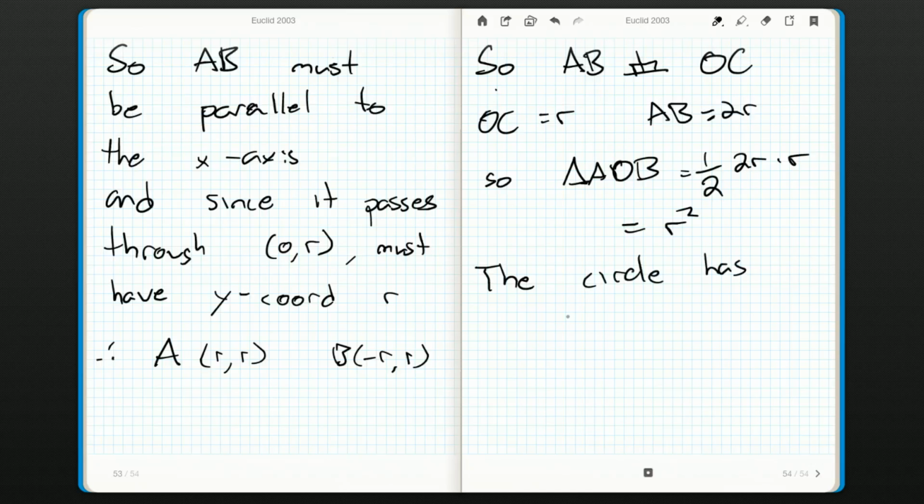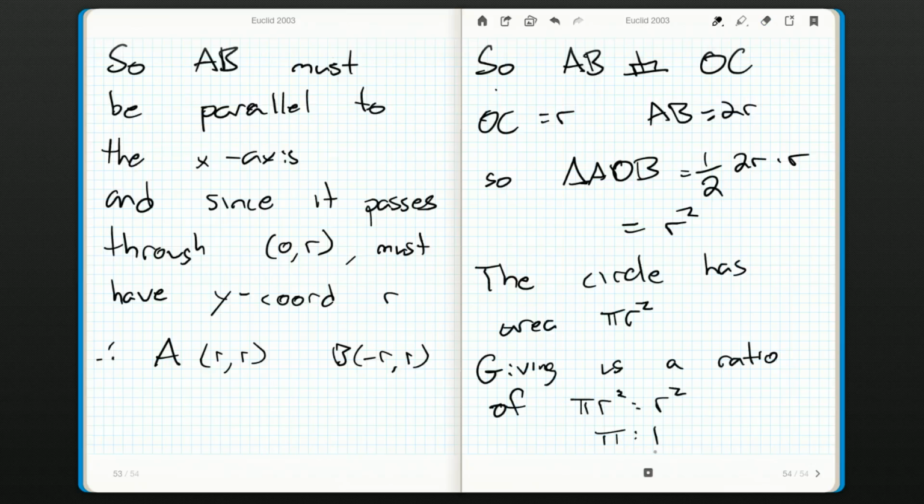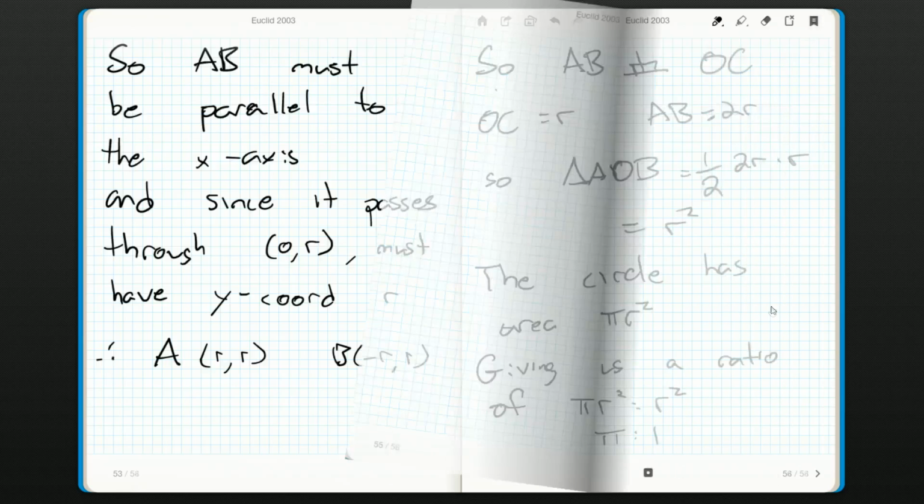And the circle has area pi R squared, giving us a ratio of pi R squared to R squared, which is just pi to 1, which is exactly what they asked for. Okay. And that was just A part.